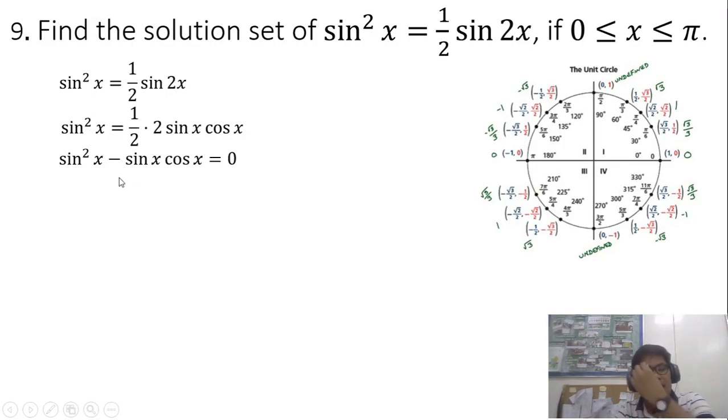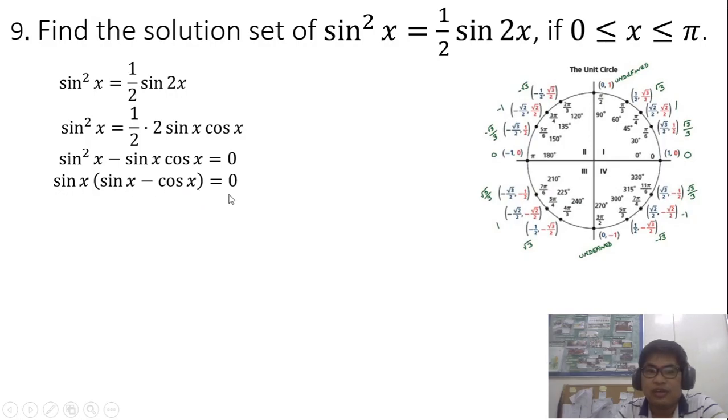So naatay sine squared x minus sine x cosine x is equal to 0. Then, atong i-factor ang sine x common dinhi. So we have sine x times the quantity sine x minus cosine x is equal to 0.